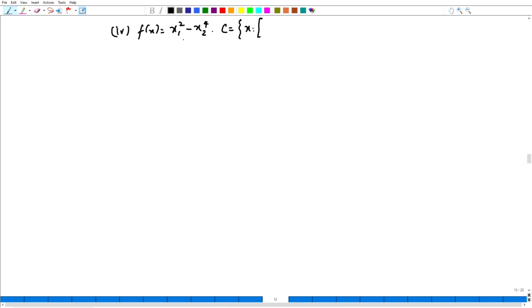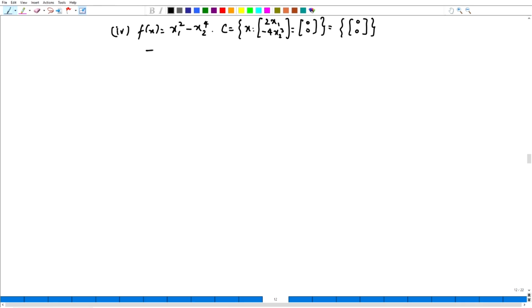When you find the derivative, you get 2x1 minus 4 x2 cubed. This is the gradient and it must be equal to 0, and it is clearly satisfied only by the singleton point (0, 0).